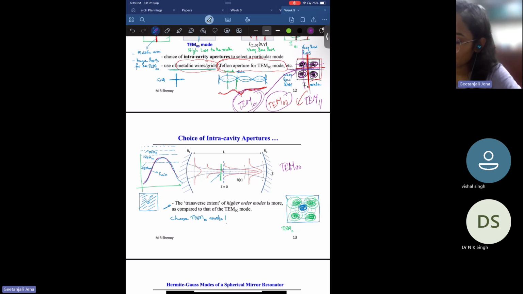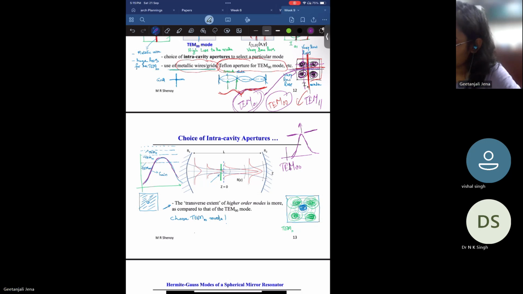So this is the gain curve. Let me show the field pattern. The field pattern is like a Gaussian curve. Now if you put an aperture here, what will it do? It will select this mode and easily pass this mode, but other modes will be blocked.